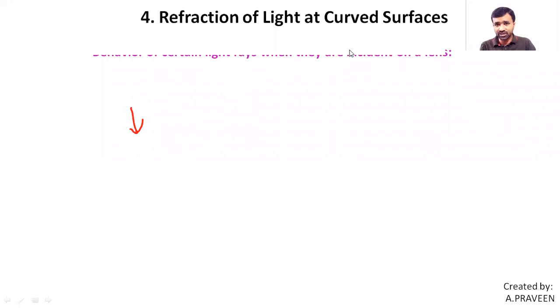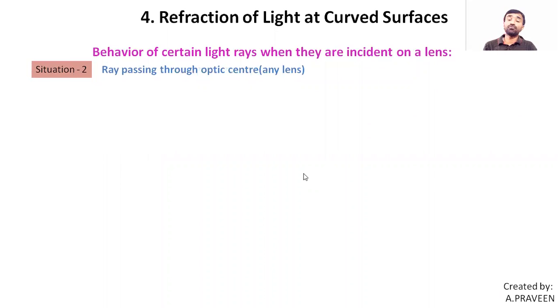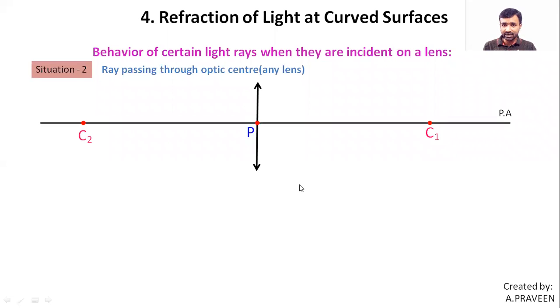That second situation is the behavior of light rays only. The second situation is simply here, that is passing through the optic center of any lens. Optic center is what? Pole, P. So here identifying the pole and identifying its centers, connecting them called the principal axis, identifying the focal points, naming them respectively F1 and F2.